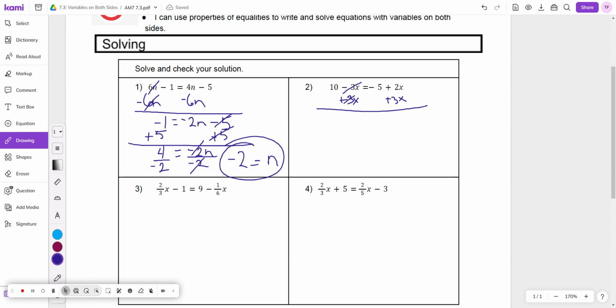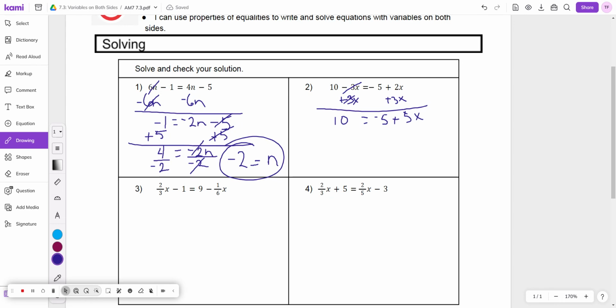My 3x's cancel out, leaving me with just 10 on the left. Negative 5 plus 5x. Now, I'm going to add 5 to both sides because my negative 5 is out in front of my variable, so I'm not really concerned about whether we're adding or subtracting. I'm looking at whether it is positive 5 or negative 5.